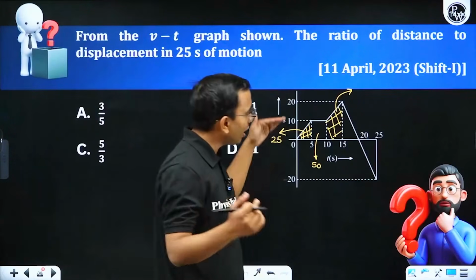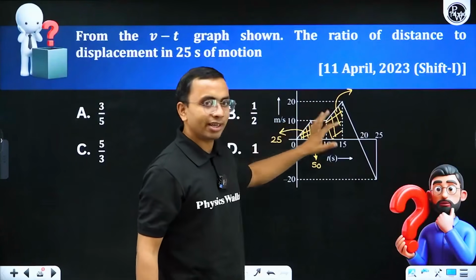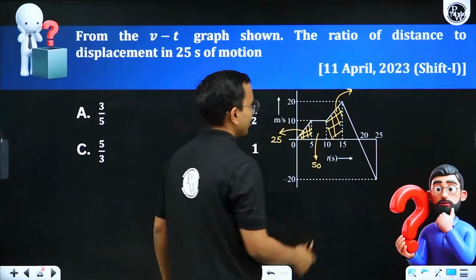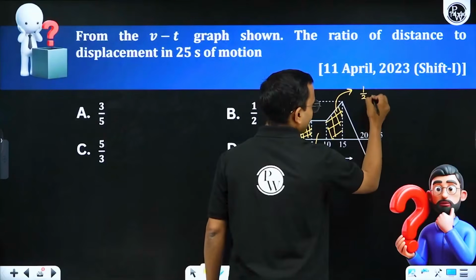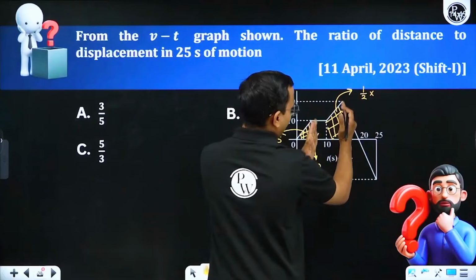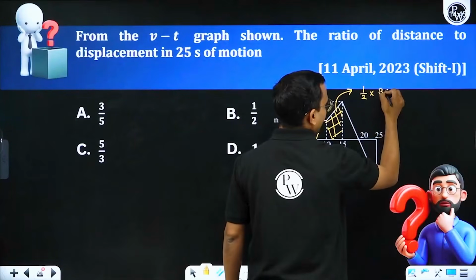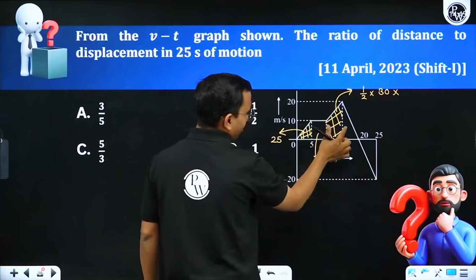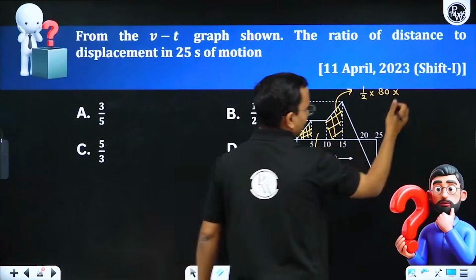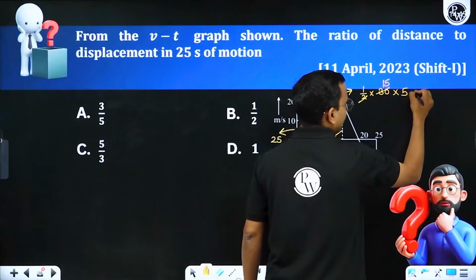If you don't know the formula, you can make two shapes, one triangle, one rectangle, and then find it. So 1 by 2 into the sum of the parallel sides, so 10 plus 20 is 30, into the distance between the parallel sides. How much is that? 5. So 75.